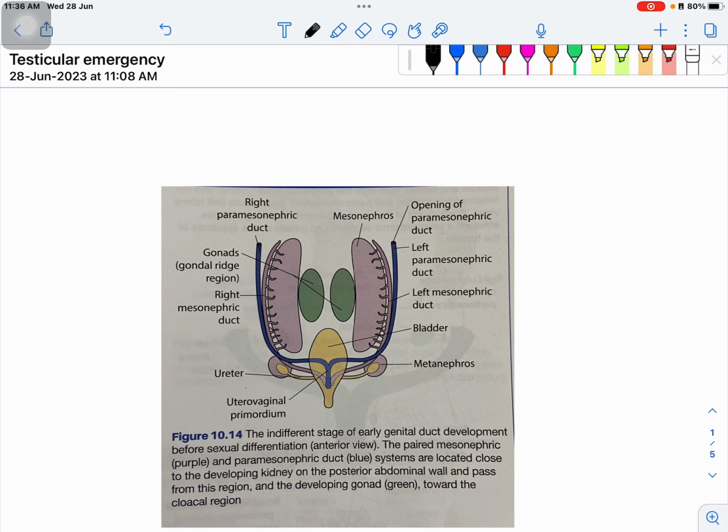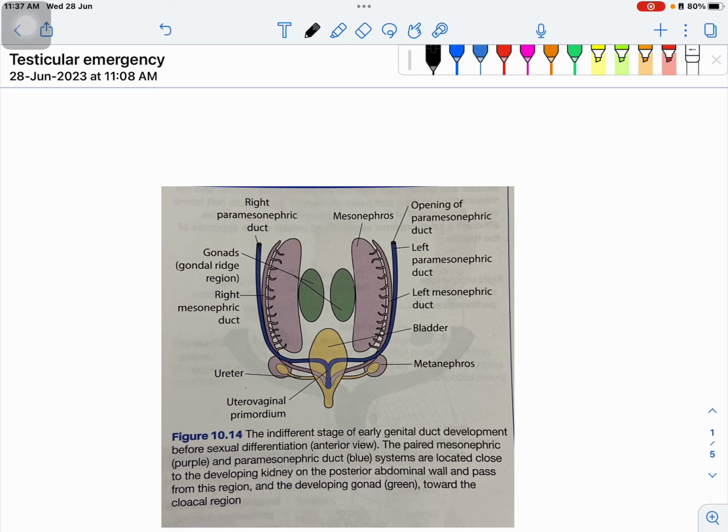Before that, we should know about the testes, the routine pathway of testes, and then we should also know what an undescended testis is and what an ectopic testis is. If you see here, when the baby is born or intrauterine, the testis is not an organ in the perineum, right? It's an intra-abdominal organ. Basically, it's in the posterior abdominal wall.